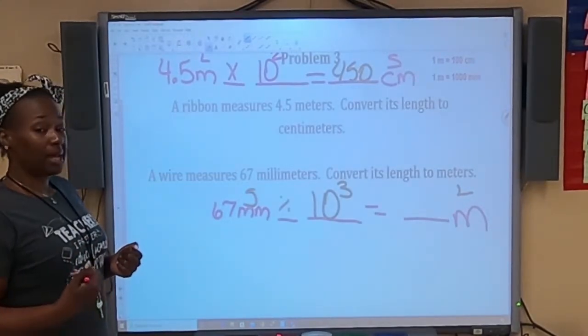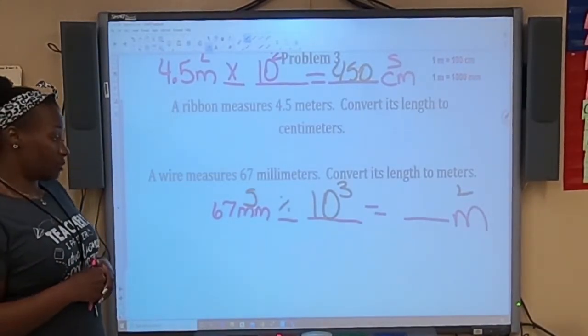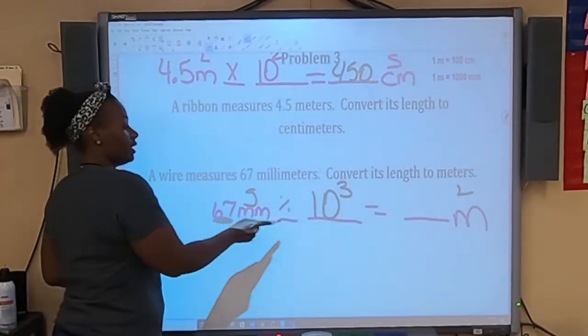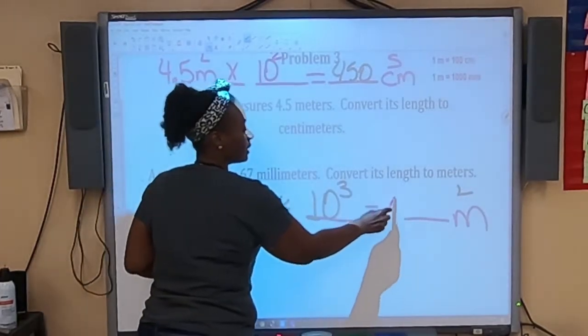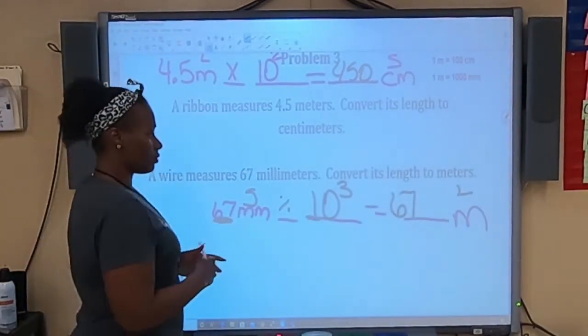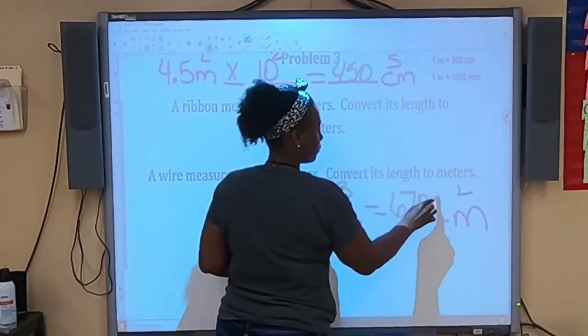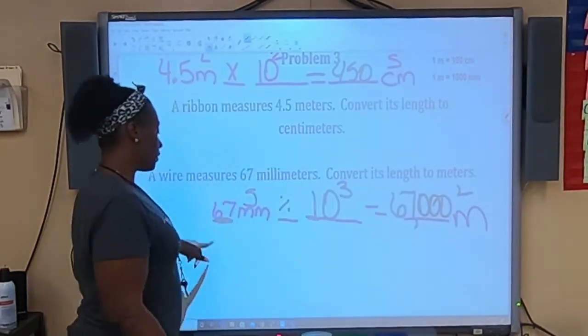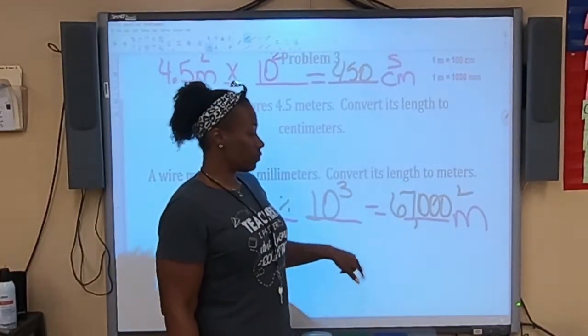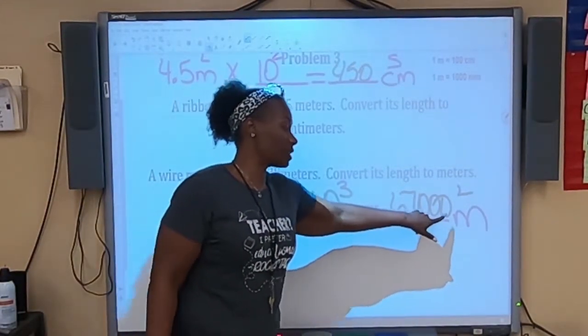I can do my basic fact, add zeros. Well, for this one, my basic fact is 67 times 1 equals 67. My exponent says add 3 zeros. 1, 2, 3. So I know that 67 millimeters is equal to 67,000 meters?